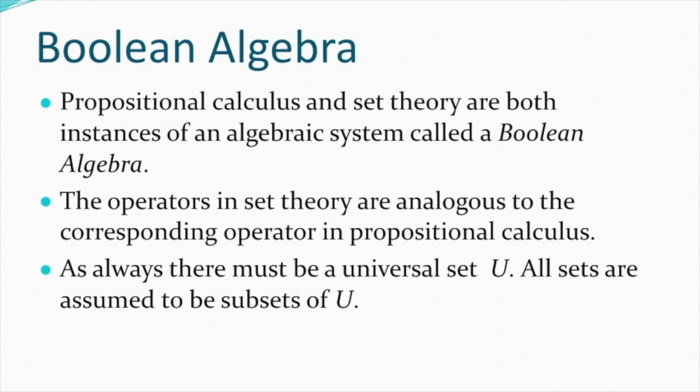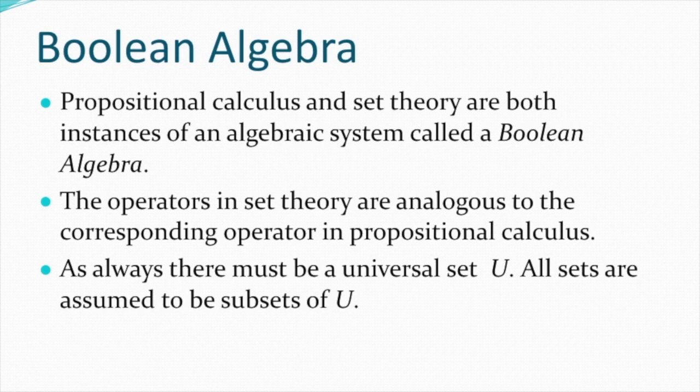Propositional calculus and set theory are both basically instances of an algebraic system called Boolean Algebra. It is the same that you use in logical design, in the digital circuits of the computer motherboard. So the same operators you would use in set theory correspond to the same operators that you use in propositional calculus, which is an algebra.